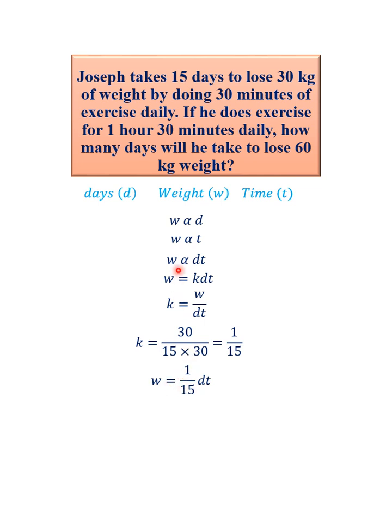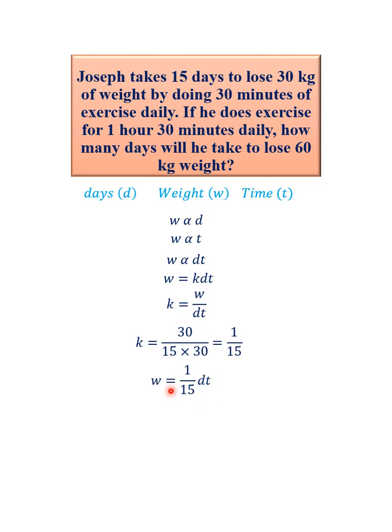The question says, if he does exercise for 1 hour 30 minutes daily, how many days will he take to lose 60 kg? We are looking for days. Since we are looking for days, D, we are going to make D the subject of the formula.